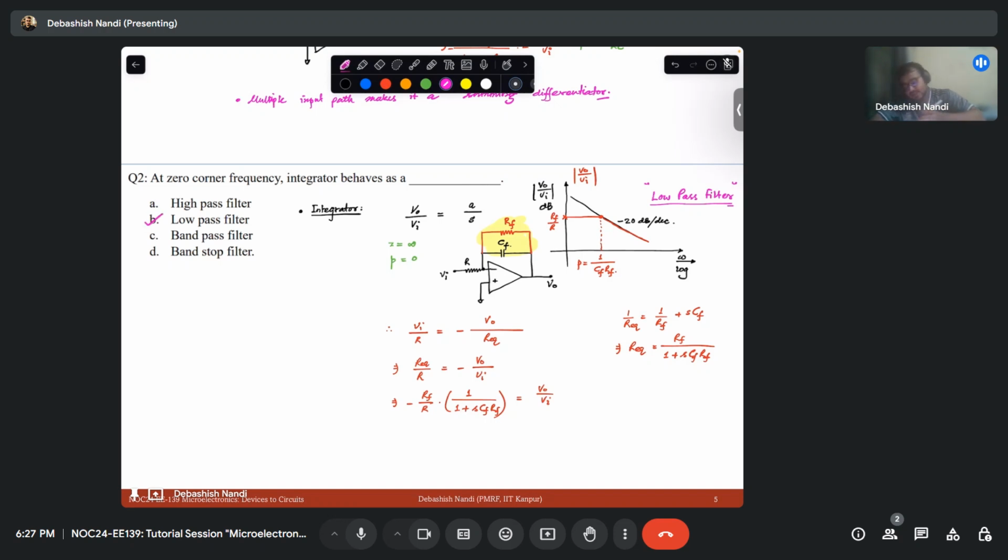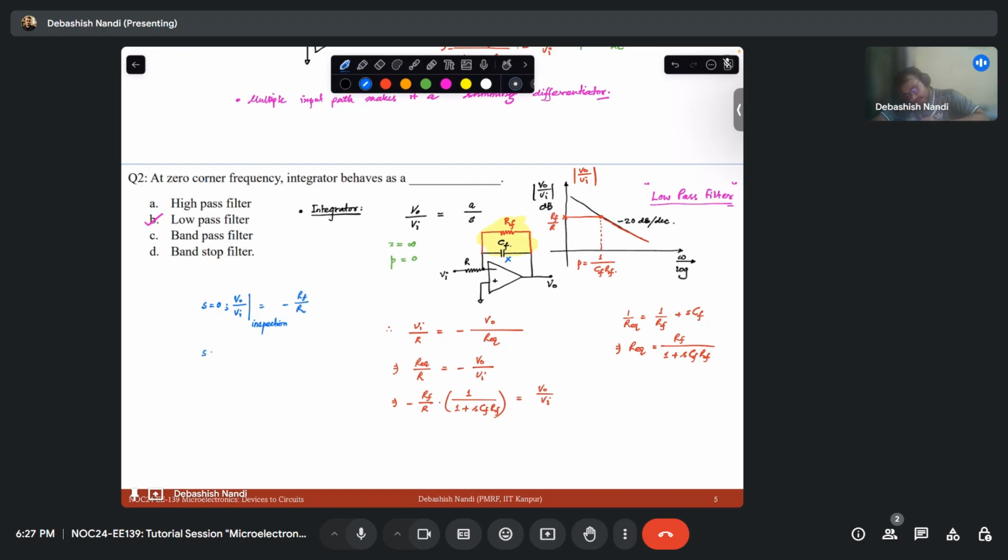Another way to look at this is, let's say S equal to 0. Then at S equal to 0, the capacitor will be open, so you are just having an inverting amplifier. So your V out by V in, by inspection, you can write minus RF by R. Fine.